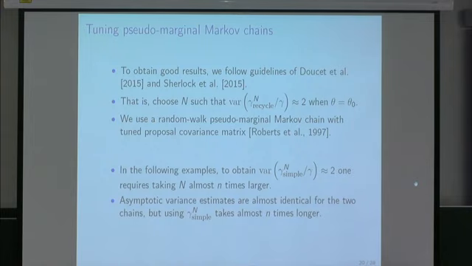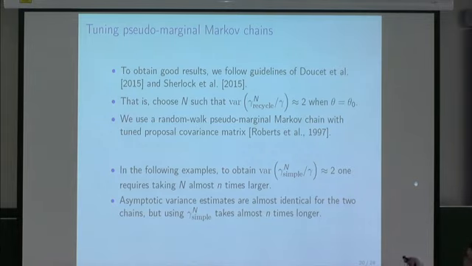Okay. Of course, I just need a little bit of setup to explain some of the examples. To obtain good results for our applications, we follow these generic and useful guidelines of Doucet, Pitt, Deligiannidis, and Kohn, and also Sherlock, Thiery, Roberts, and Rosenthal, who provide similar guidelines. It's the spirit of the guidelines that matters more than the specific numbers, because they differ.